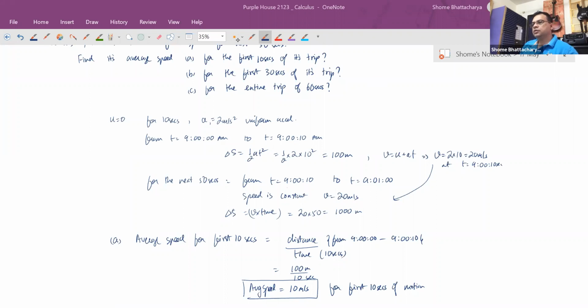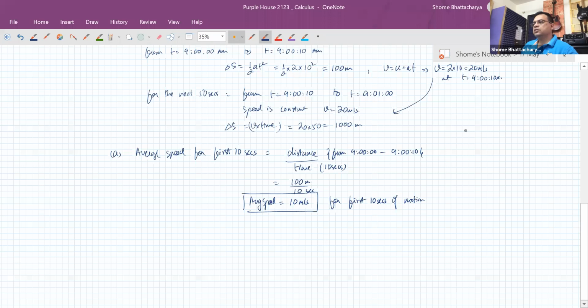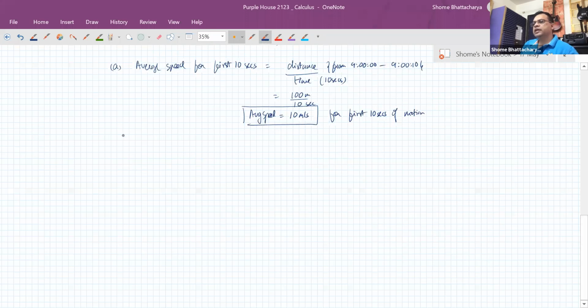Yeah, very good. Let's work it out. So for the first 30 seconds of the trip, when we are calculating average speed for the first 30 seconds of motion, we can say it is from 9 o'clock to 9 o'clock and 30 seconds.